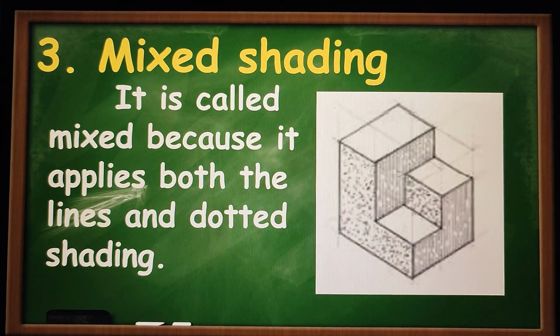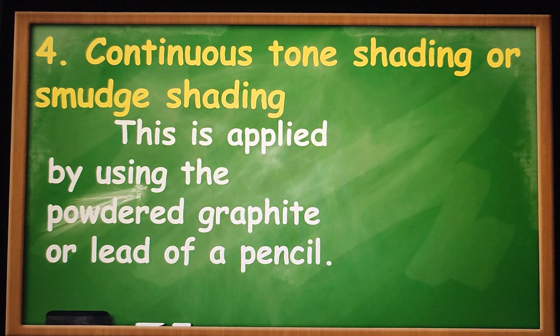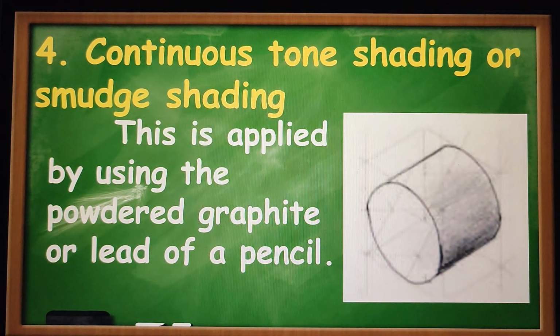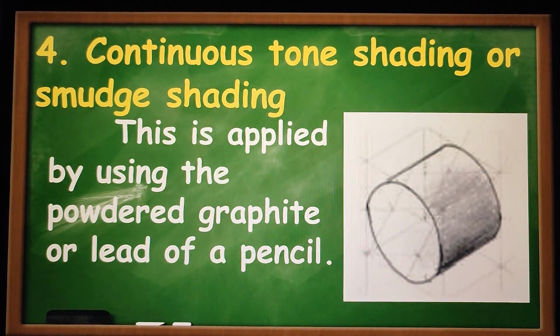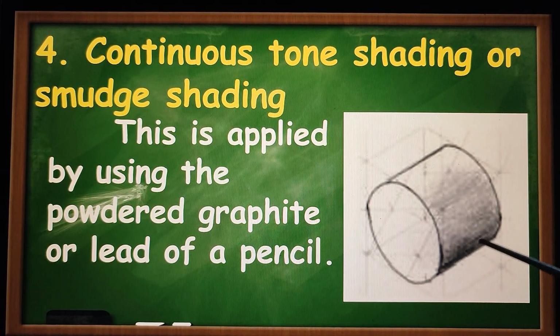Then the last one is continuous tone shading or the smudge shading. This is applied by using powdered graphite or lead of pencil. Here, this is the darkest portion.